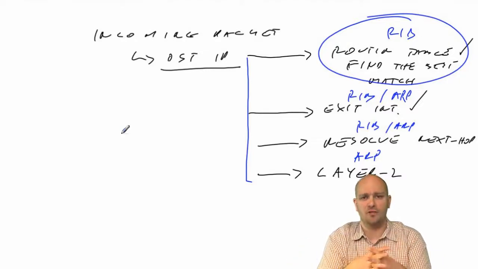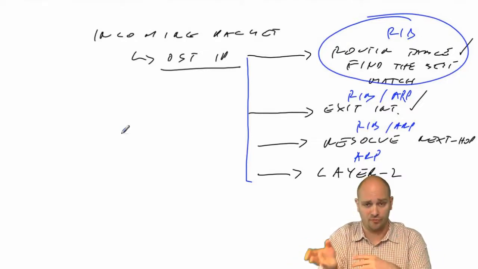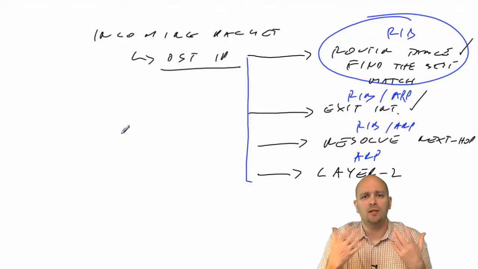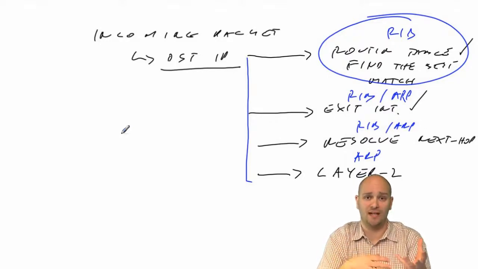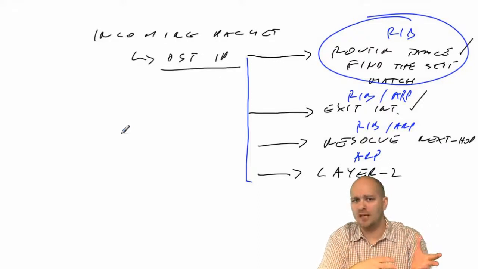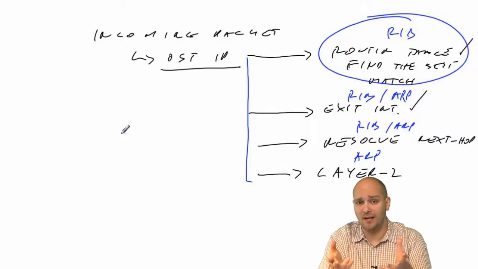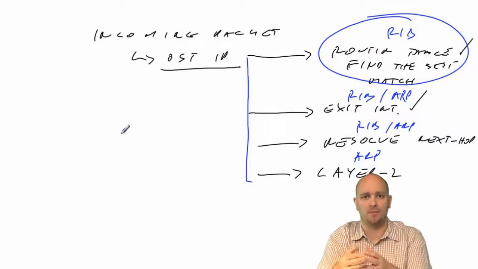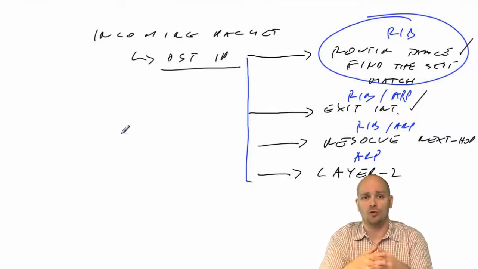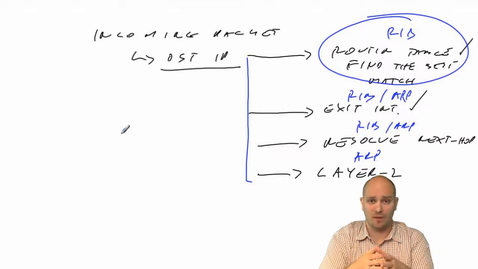But this was terribly inefficient, because if we had a high rate of this traffic arriving, what would the second packet have to do? We would either have to drop it or we would have to delay it, which would in both cases produce undesirable results. If we had to drop subsequent packets while the resolution of, for example, the ARP table is going on, we are going to have high drop rates of the traffic.